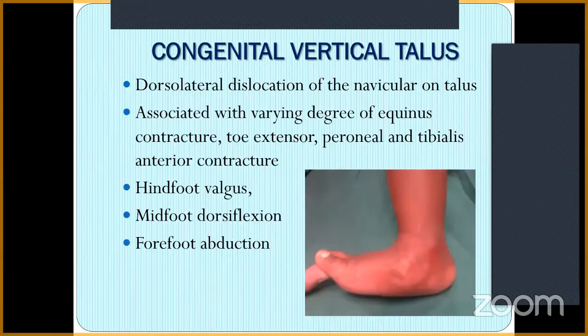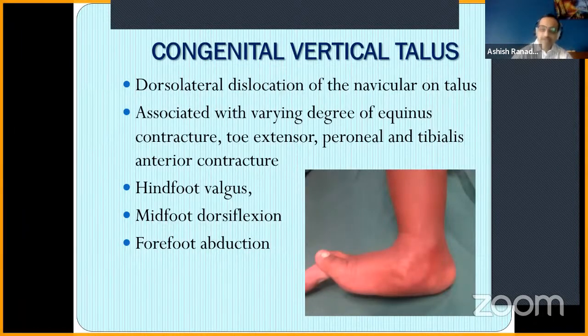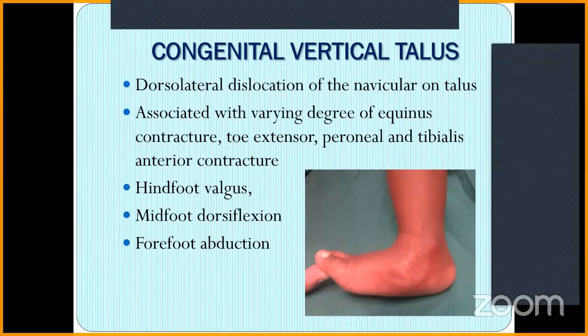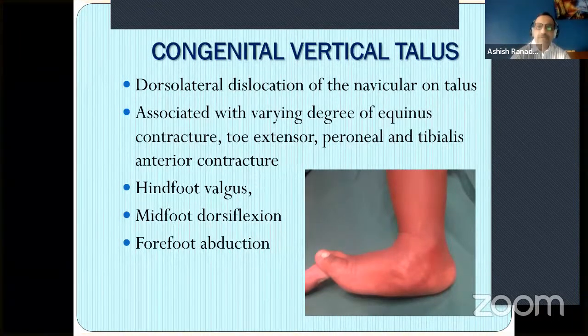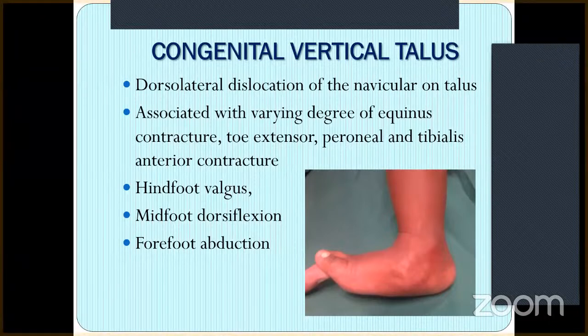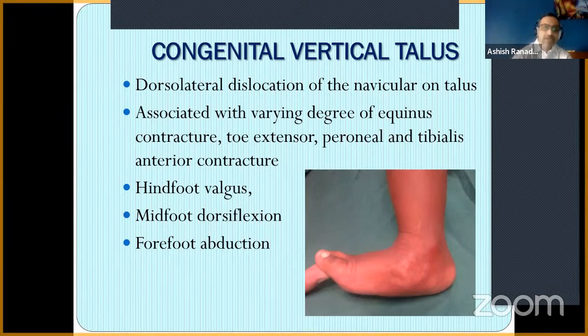Thanks, Shyam. So as you know, it is a relatively rare disorder. We do not see many cases of congenital vertical talus. It's definitely not as common as congenital club foot. Pathology-wise, it's the dorsolateral dislocation of the navicular on the talus, and it is associated with a number of deformities.